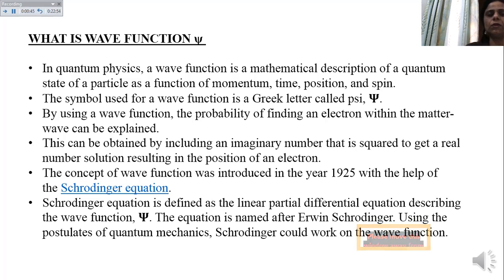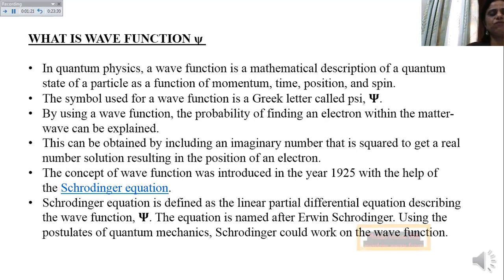And in order to study the electron as a wave, we must have the knowledge of wave function, which is the quantum state, means the energy state of a particle, and which is a function of its four parameters: its momentum, that is what mass the electron is carrying, by what velocity it is moving, in which time it is moving, what is its position with respect to time, and how it spins, means how it moves in the orbits.